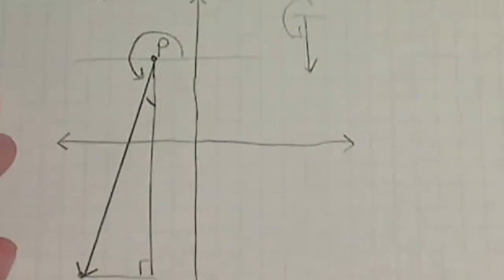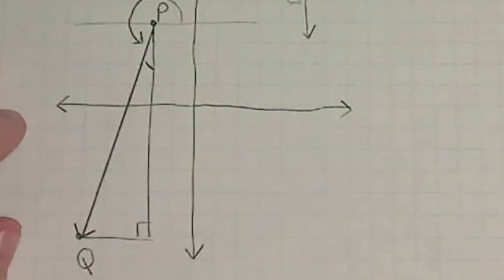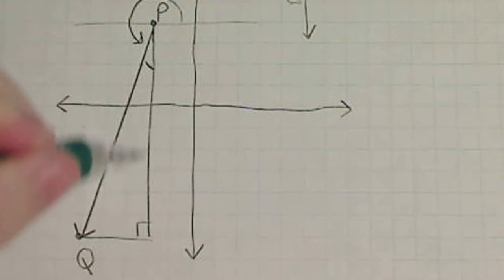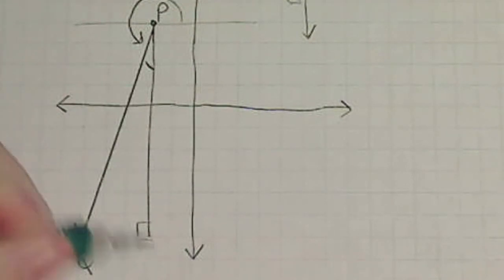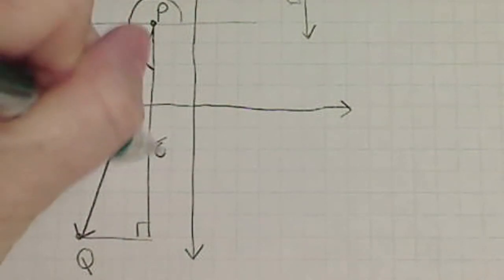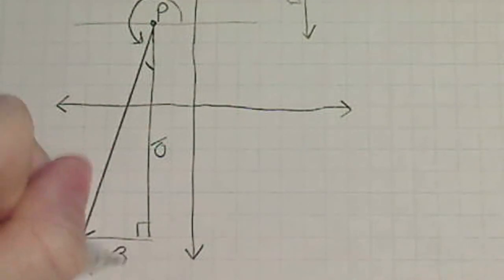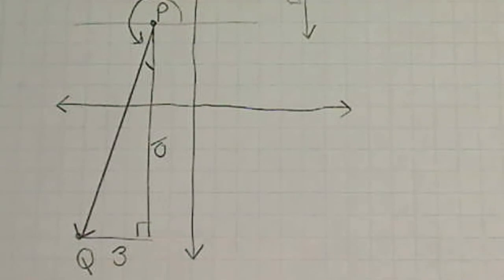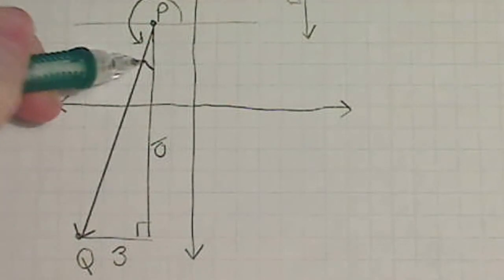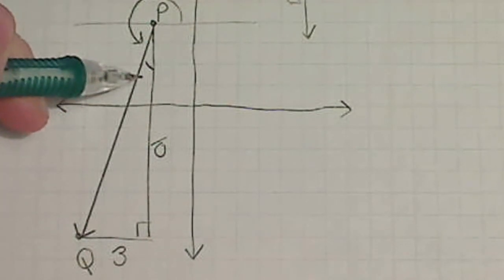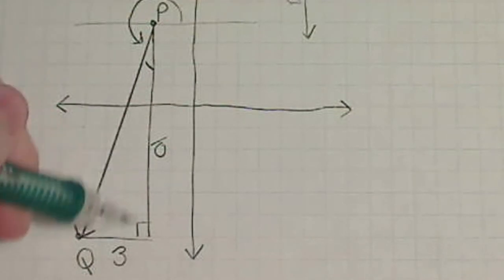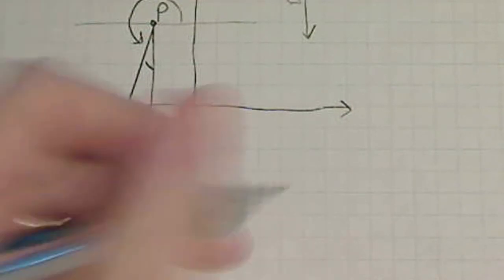To find that angle, I need to use trigonometry. I do know the length of this by counting. This is 10 boxes, and this short side over here is 3 boxes. So I can use what trigonometric function? We have an adjacent and an opposite. I'm going to use the tangent.